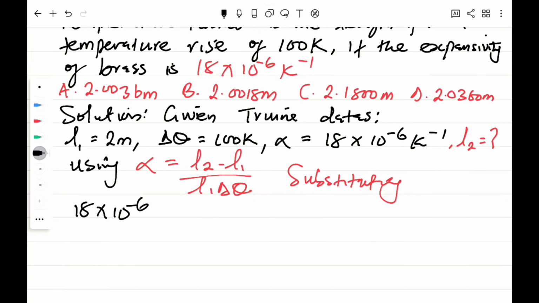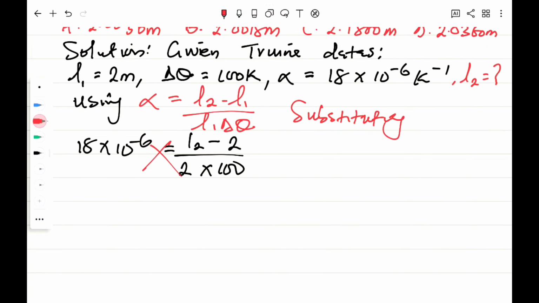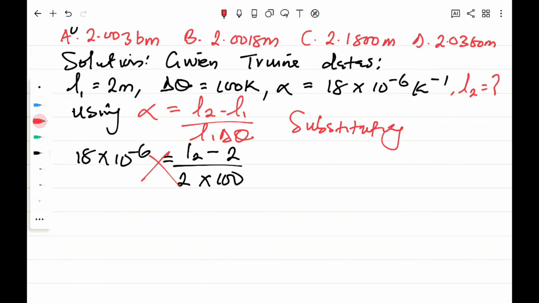So substituting, we have 18 times 10 raised to minus 6 is equal to L2 minus 2 all divided by 2 into 100. So by cross multiplication, we have L2 minus 2 is equal to 18 times 10 raised to minus 6 times 2 times 100, which will give you 200 exactly.